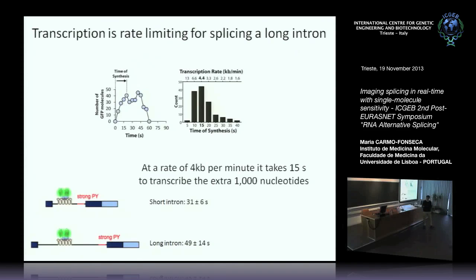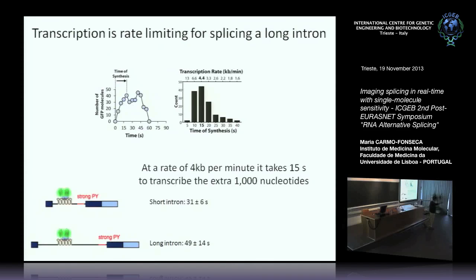So although we have to dissect these differences with further care, we can say that clearly transcriptional elongation is a rate-limiting step for the splicing of long introns, because the longer the intron is, the longer it will take to be transcribed. And we are also left with very few extra seconds, so less than 10 seconds for the splicing itself.